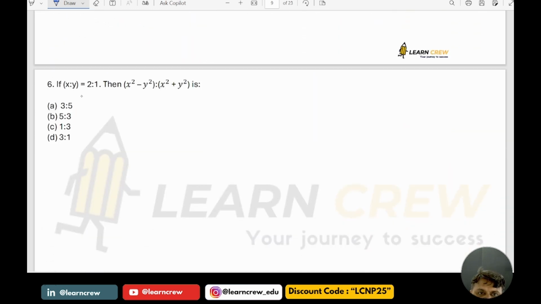Next, x is to y is equal to 2 is to 1. So x by y is given as 2 is to 1. From this you can say x square by y square is equal to 4 by 1, squaring on both sides. Now use componendo and dividendo.